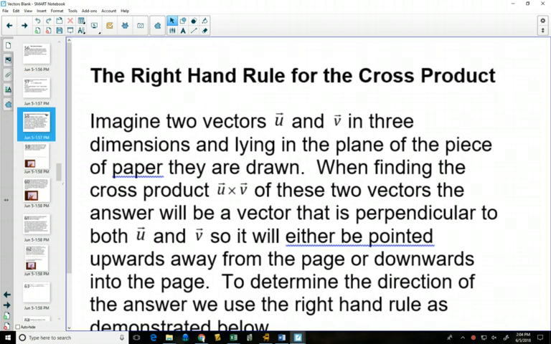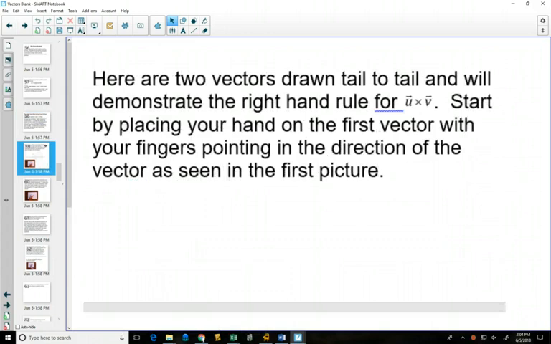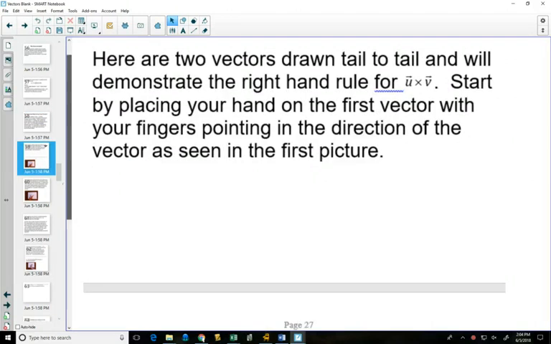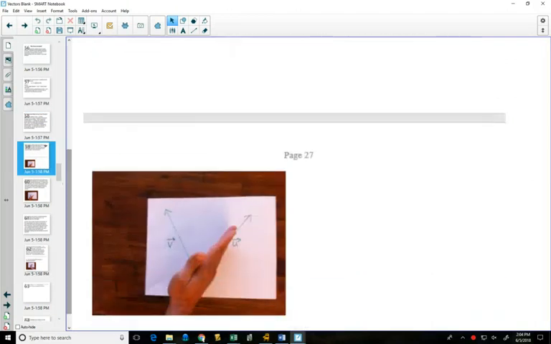Which way is it? In order to figure out which way the vector is pointing, we have something called the right-hand rule. I'll also provide another way to help you visualize this. So the right-hand rule works like this, and all the words are there to describe it, but I've got a diagram here. You've got U cross V. Whichever vector is first, you put your hand on that vector.